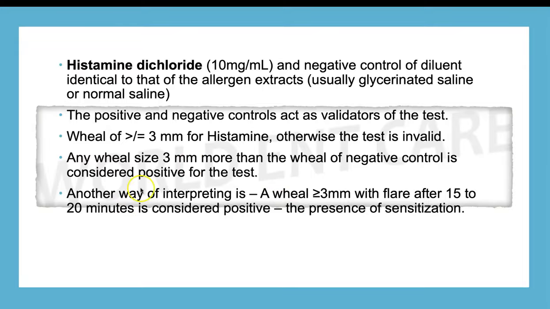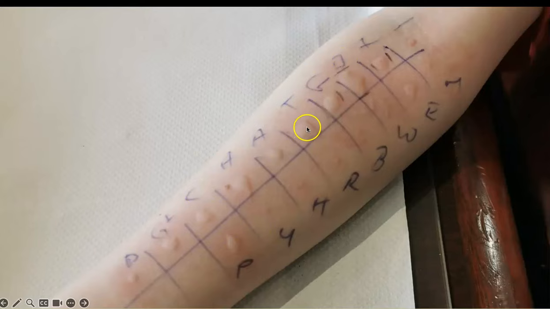What I mean by this is, this line is given in your standard books. That means that when you give an allergen here, and if this wheal is more than or equal to 3 mm along with the flare after 15 to 20 minutes of giving the allergen, then the test is considered positive.